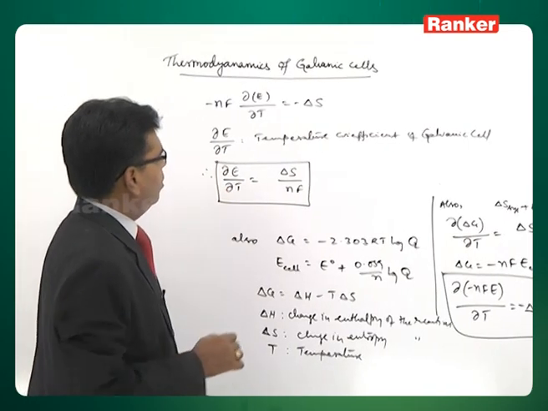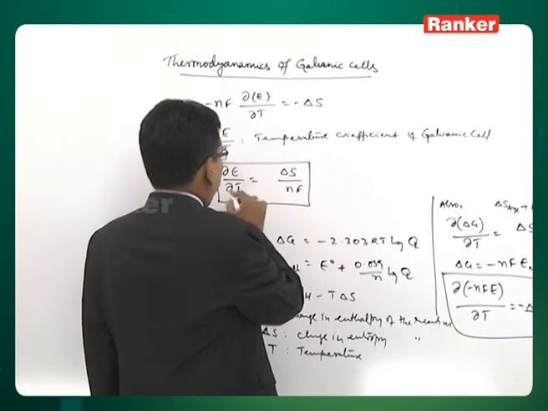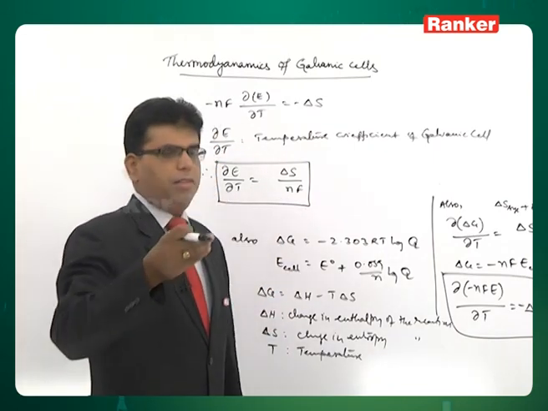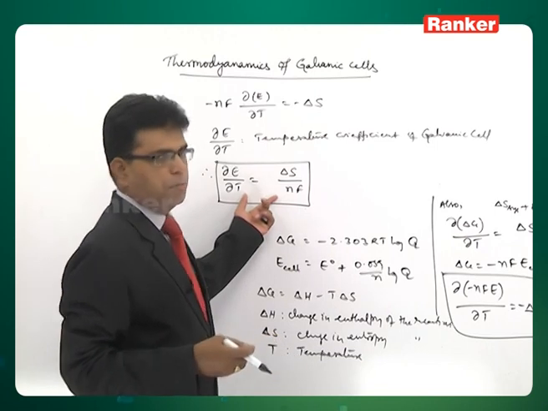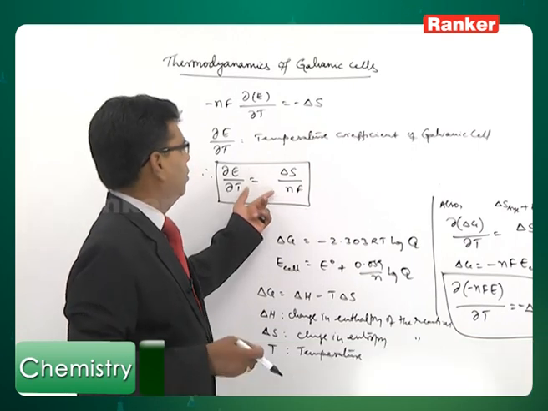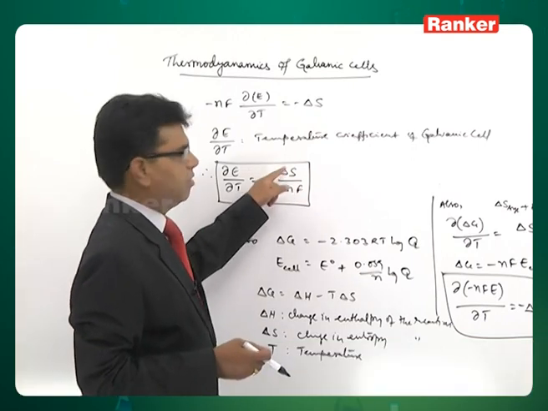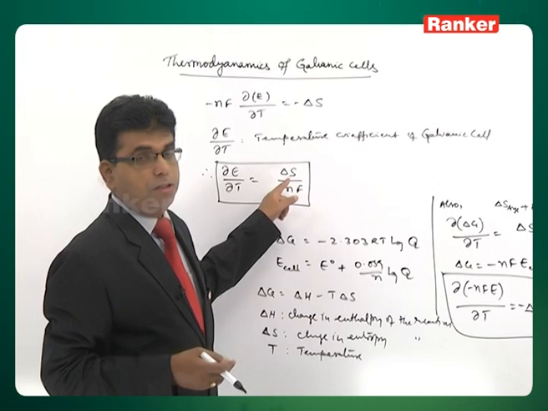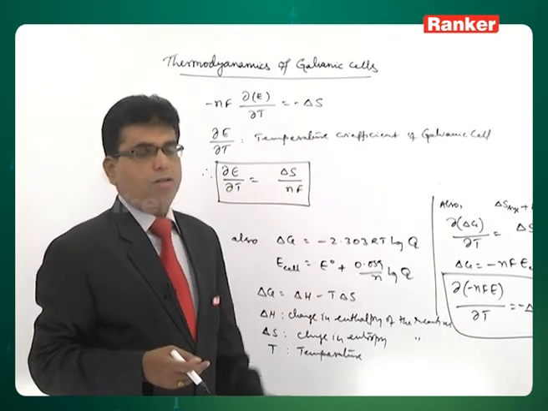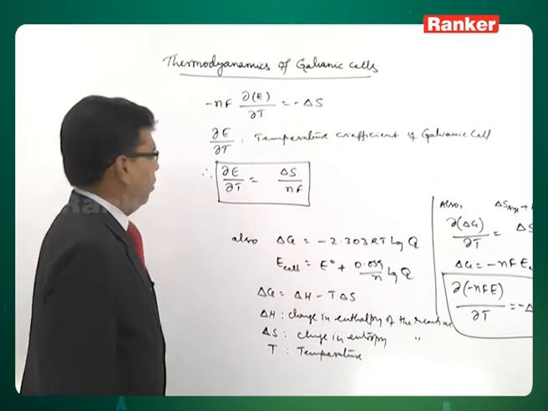Now, this is a very important thermodynamical relation with respect to the galvanic cell, as it gives us variation in EMF with variation in temperature, which we can say is dependent on the total entropy change of the process, right.